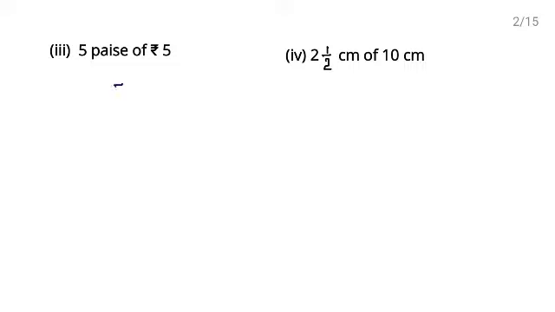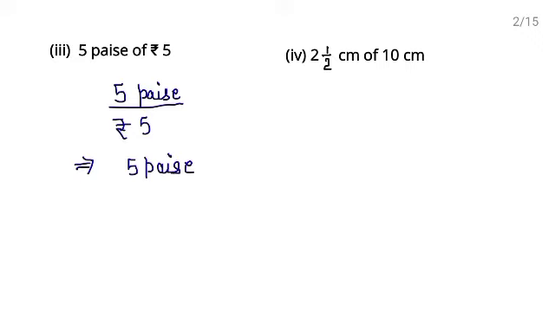Next, third part is 5 paise upon ₹5. And they are asking to convert into percent. First of all, make the units of paise and rupees the same. How? This is in paise, and we know that 1 rupee is equal to 100 paise.